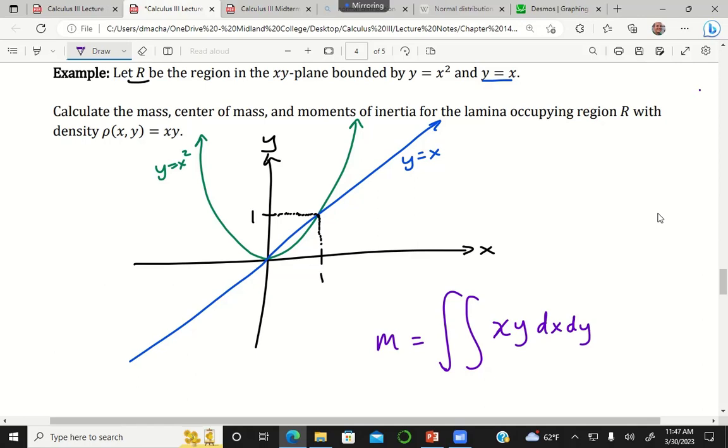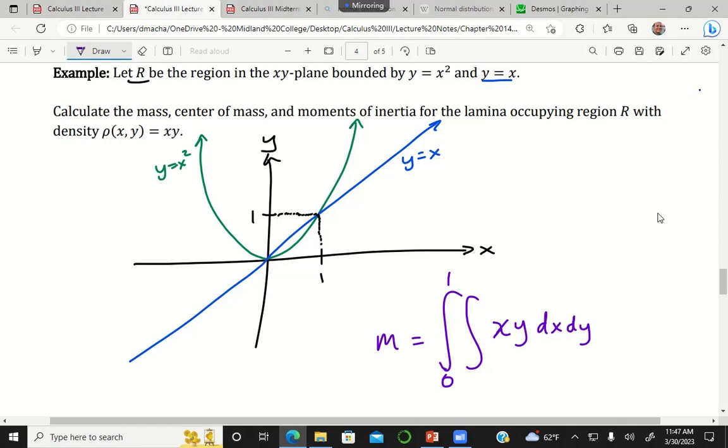So my outside integral is going to be with respect to y, and so I need the bounds of integration to be constants, and I can tell that y can vary between 0 and 1, right? So 0 to 1 for my y variable. For my x variable, x has a lower bound at x equals y, right?